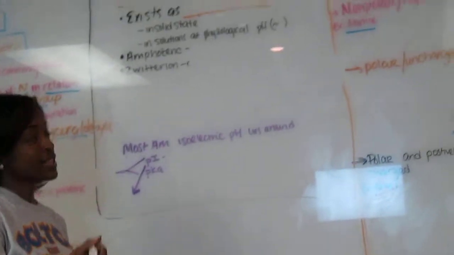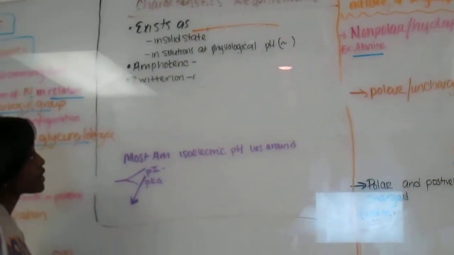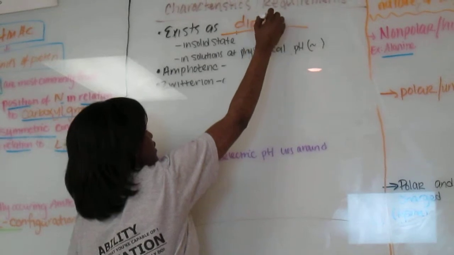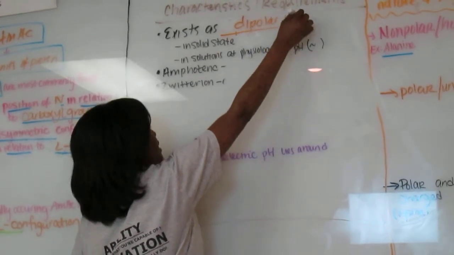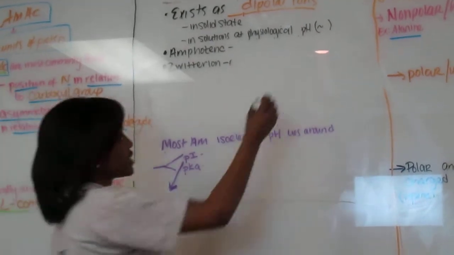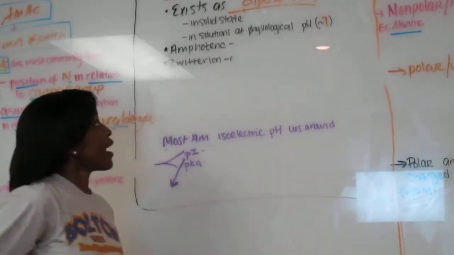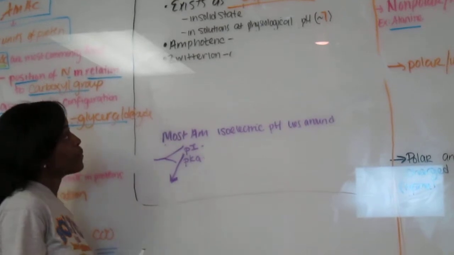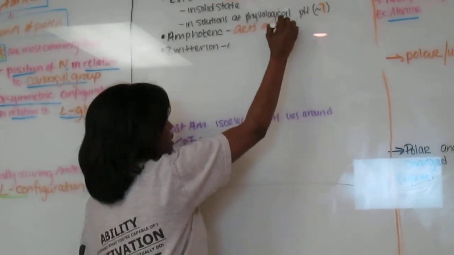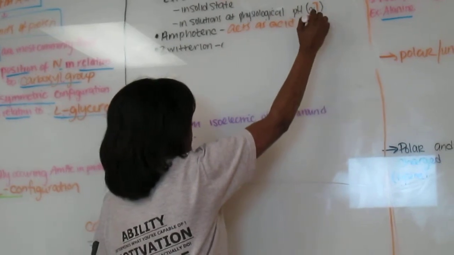The characteristics and requirements of amino acids are that they exist as dipolar ions in a solid state and in solution at physiological pH of about 7. Amphoteric means that it acts as an acid or base.